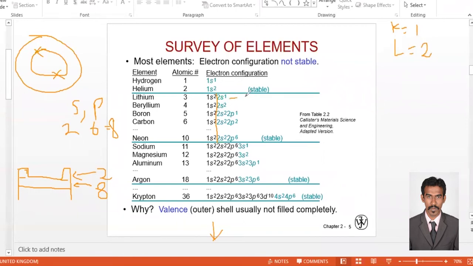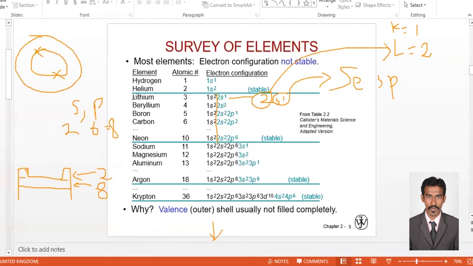So if you are writing 2s1, this 2 belongs to the main orbit, and this S1, S2, P1, these all belong to the secondary orbit. The secondary orbit is where we have S and P and D and all.